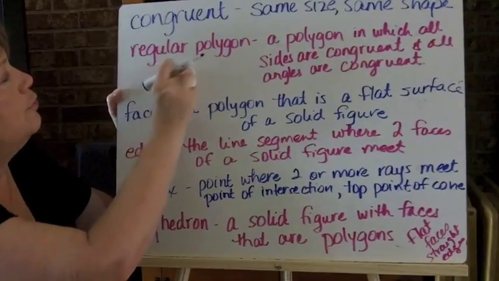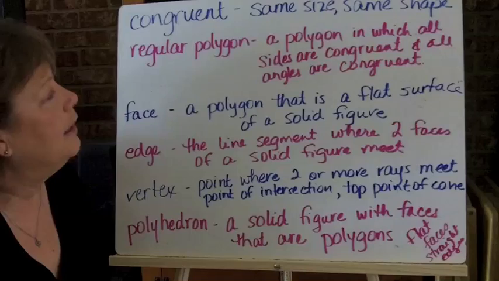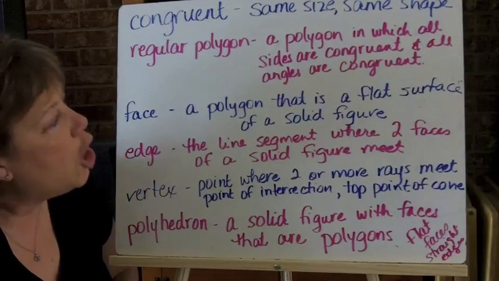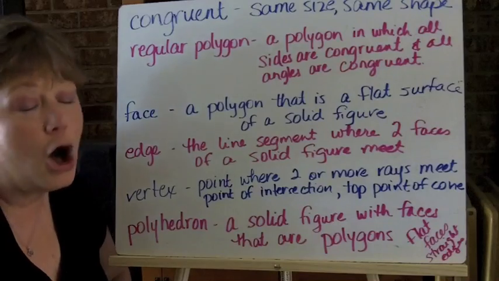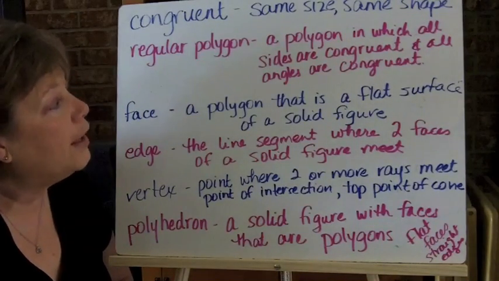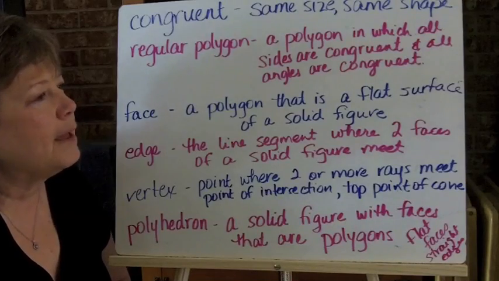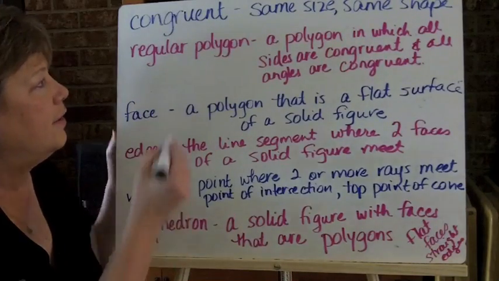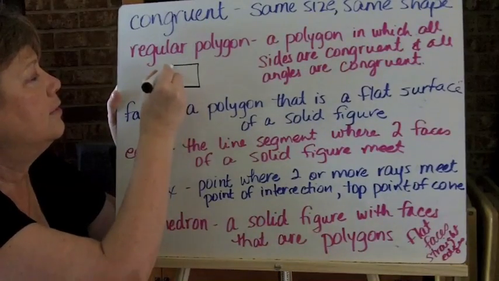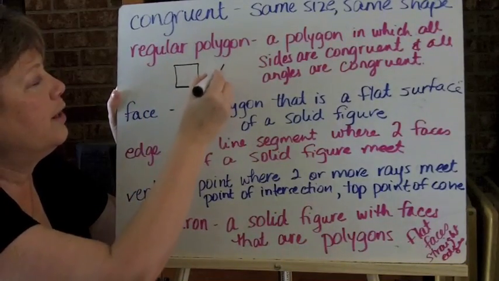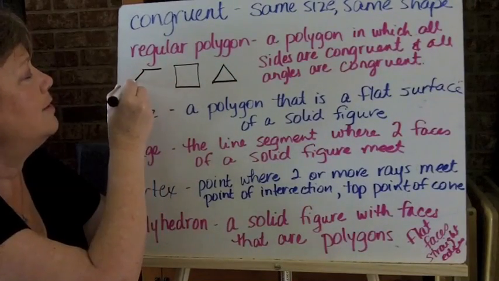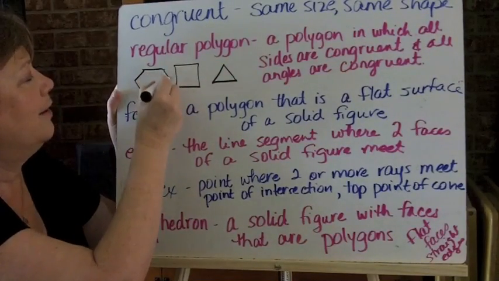Also, I want to show you regular polygon. A regular polygon is a polygon in which all the sides are congruent and all the angles are congruent. So a regular polygon has a nice regular shape. Here's a regular polygon. Here's a regular polygon. If I'm a good artist, here's a regular polygon.